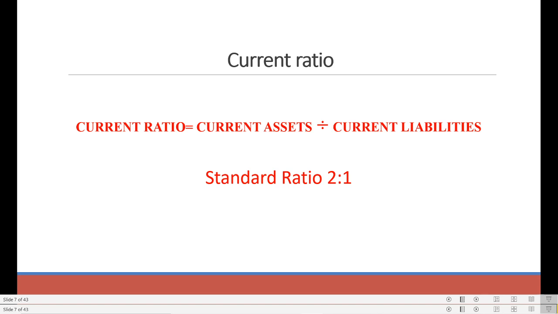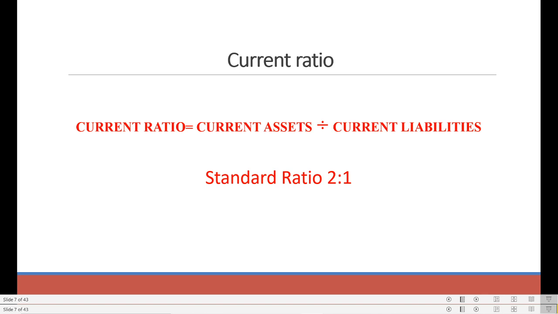Current assets and current liabilities are for a shorter period. They have a validity of only up to 12 months, it does not exceed 12 months. Current assets include debtors, prepaid expenses, bills receivable, etc. And current liabilities include outstanding expenses, creditors, bills payable, etc.